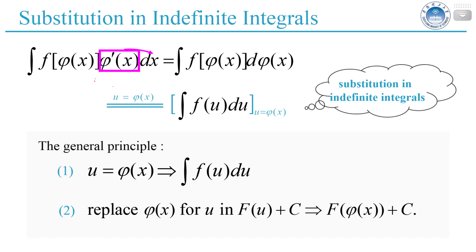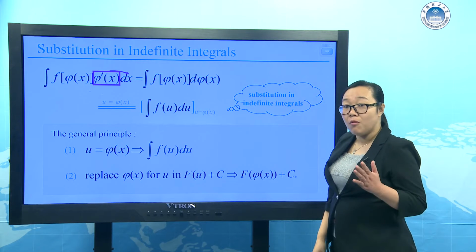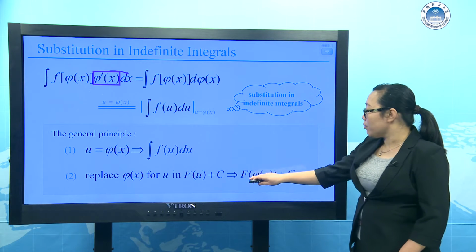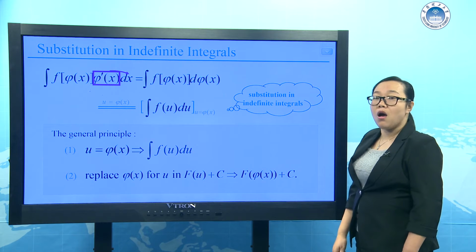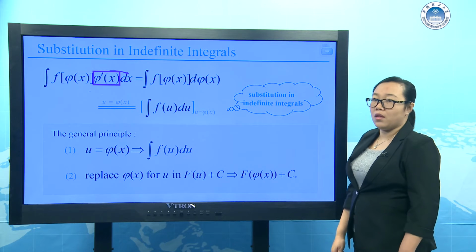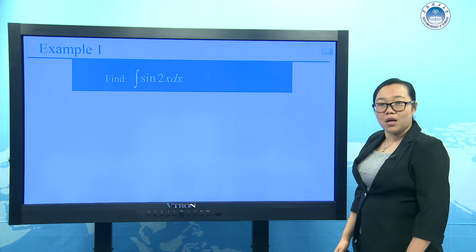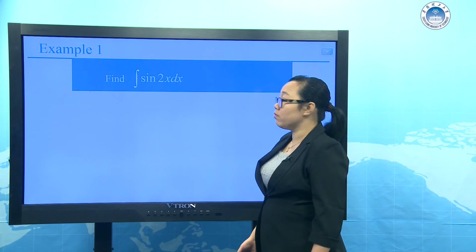Why? Because in the beginning of our formula, the variable is x, so finally the variable is still x. Try to understand this in your mind: it equals capital F of phi(x) plus c. How to use the formula? Now I will give you some examples to show you how to apply it.